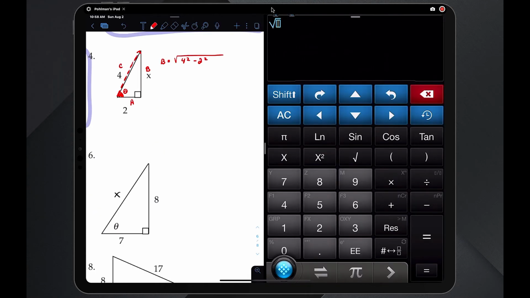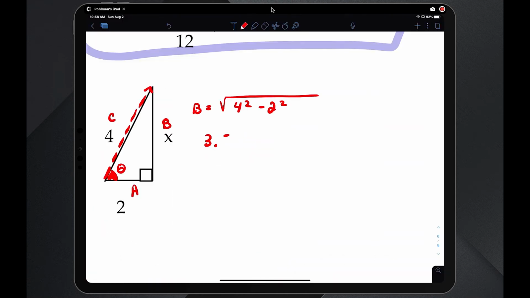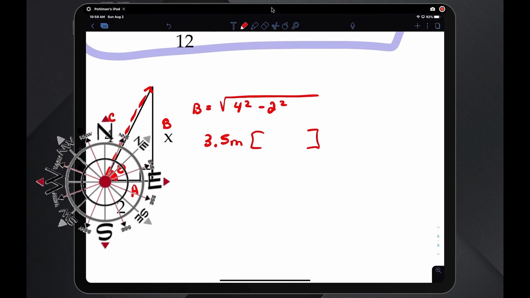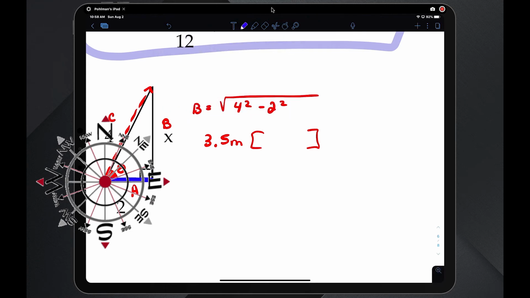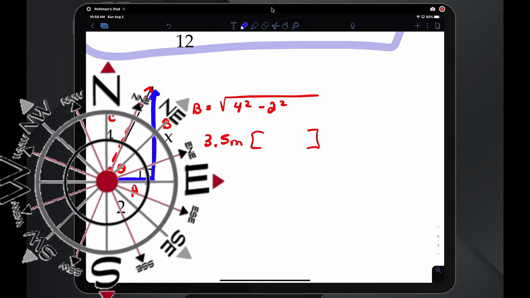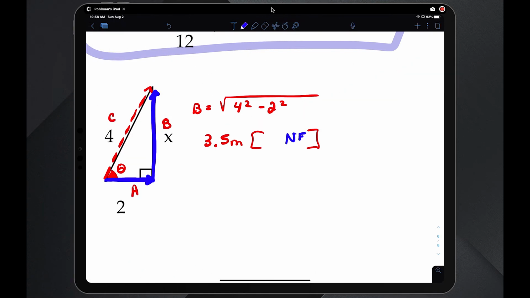Our answer comes up to be 3.5. 3.5 is your magnitude. And then our direction for this, well, in order to make that red vector, I have to be going to the east and north to make that up. So we would say northeast.